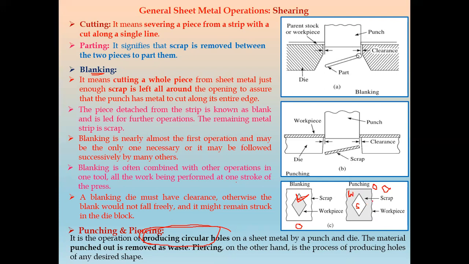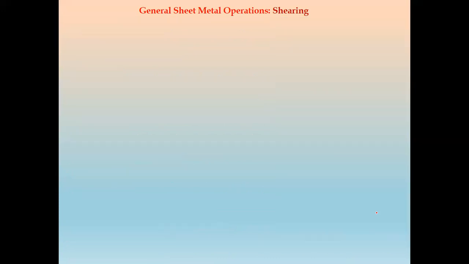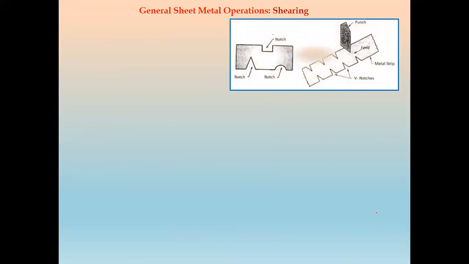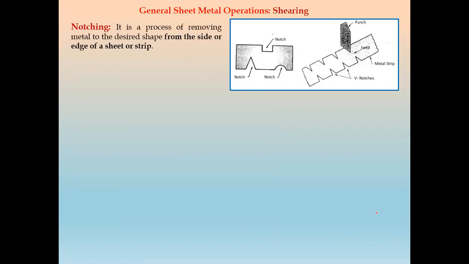But actually punching is used to produce a circular hole, while piercing is used to produce a hole other than circular. Now, the next operation is notching.